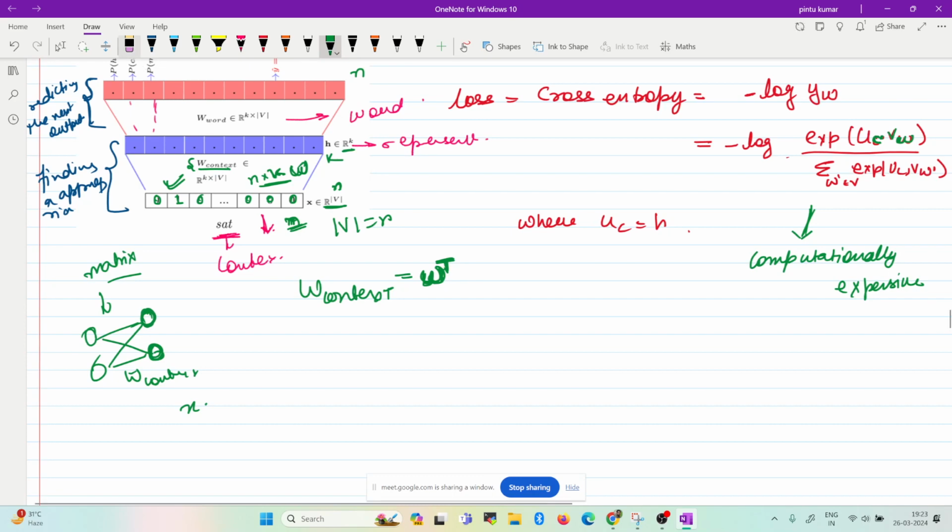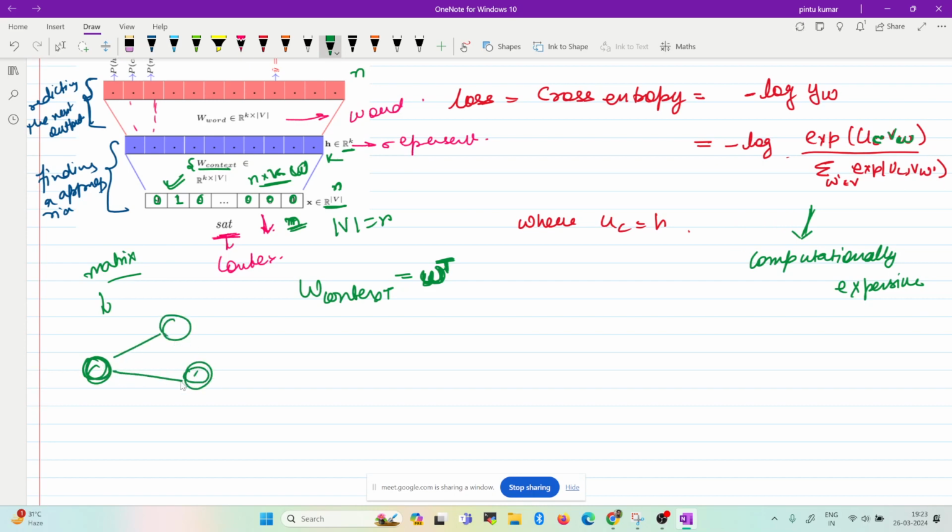I'll write it slightly more so that you understand what is going on over here. I'll take one input and two outputs. This is W1, W2.